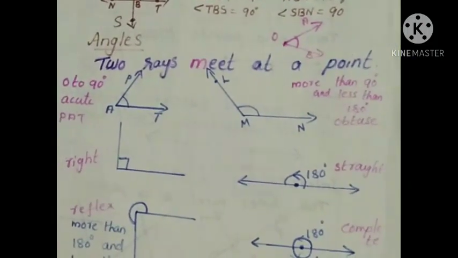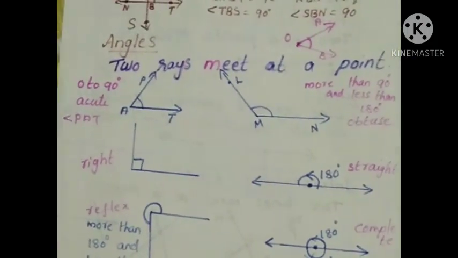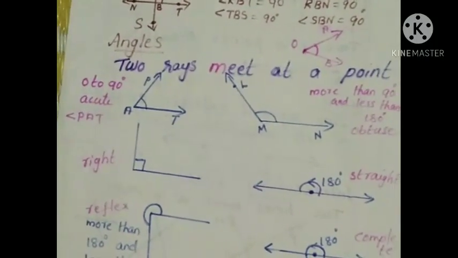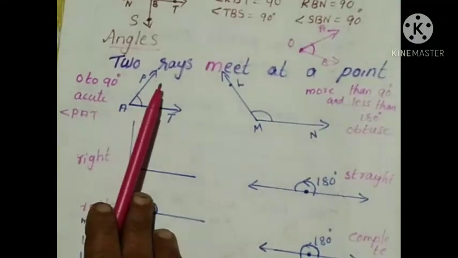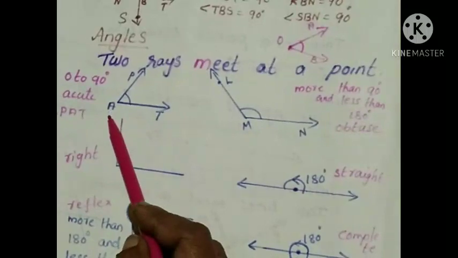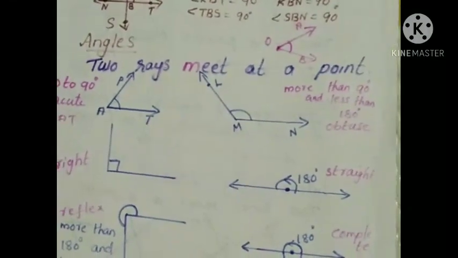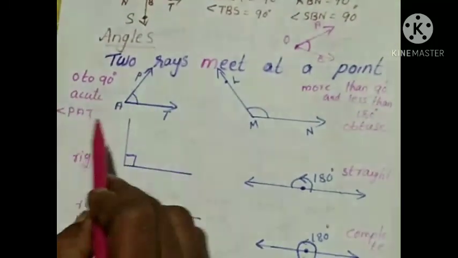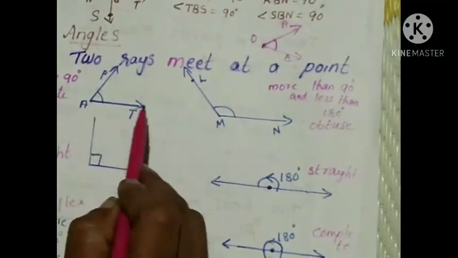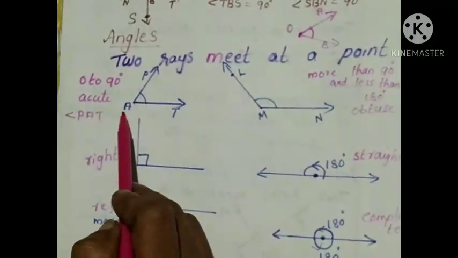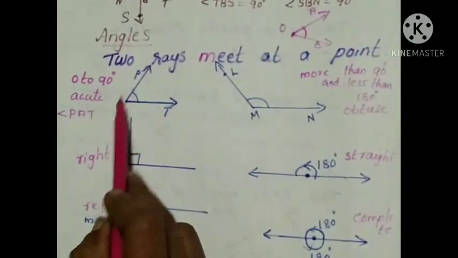There are different types of angles. Some are bigger, some are smaller, some are straight, etc. Look here, I draw PAT. Can you read it as APT? No. Start from the side P, then say the midpoint, and then read the last letter: PAT or TAP.